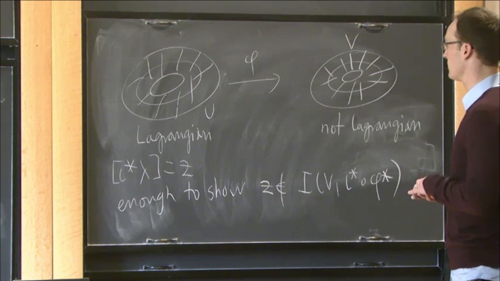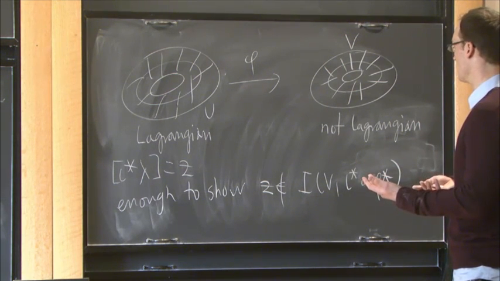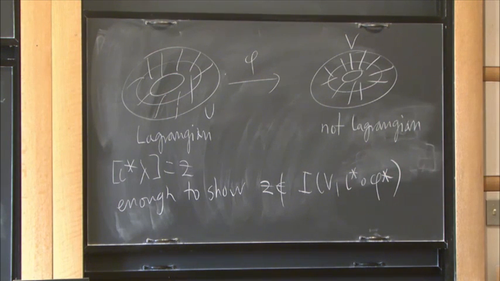So if it's symplectic, then it preserves shape, and if it's not symplectic, then it doesn't preserve shape, and that's enough to prove the theorem.